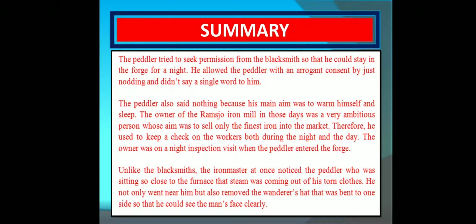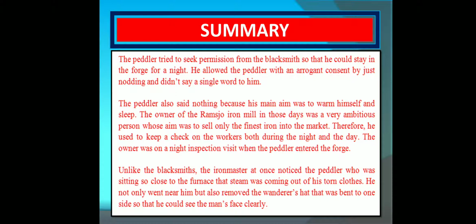The owner of the Ramjo iron mill in those days was a very ambitious person whose aim was to sell only the finest iron in the market. Therefore, he used to keep a check on the workers both during the night and the day. The owner was on a night inspection visit when the peddler entered the forge.